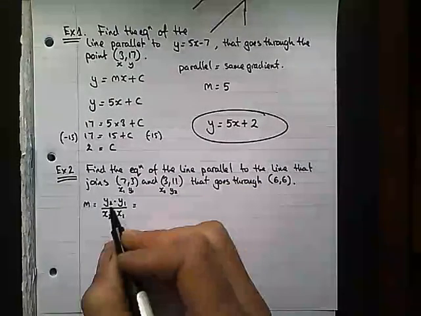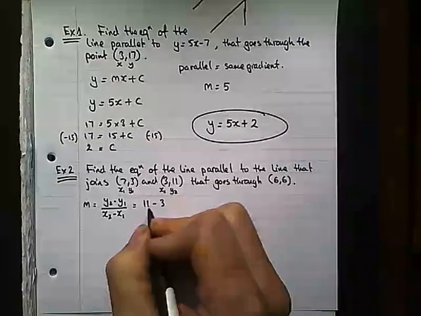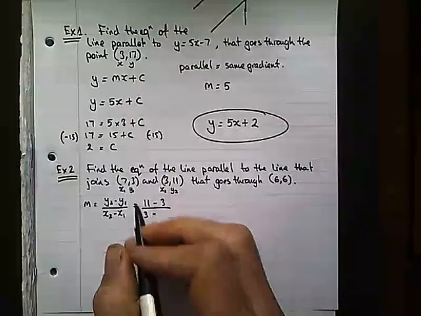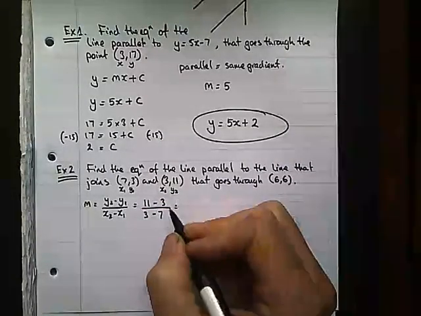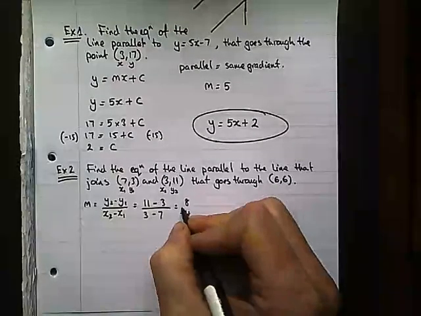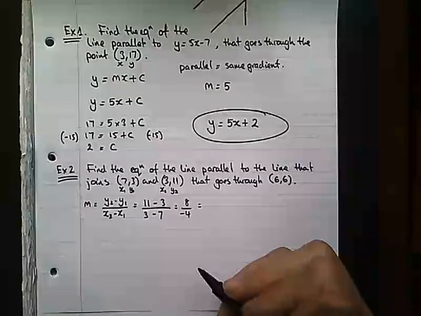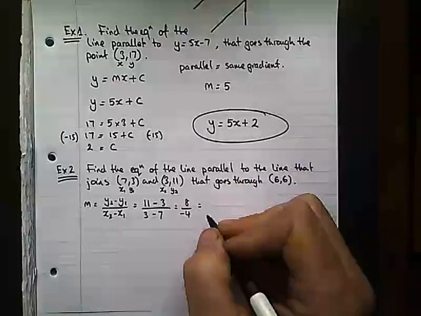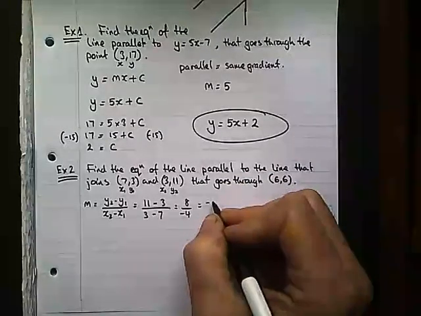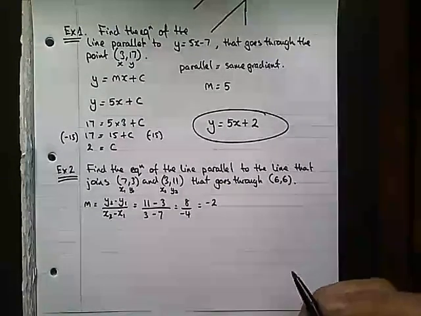So y2 is 11, y1 is 3, divided by x2 is 3, x1 is 7. 11 take away 3 is 8, 3 take away 7 is minus 4. 8 divided by minus 4, so a positive divided by a negative gives me a negative. 8 divided by minus 4 is 2. So that's minus 2. So we've got a gradient of minus 2.